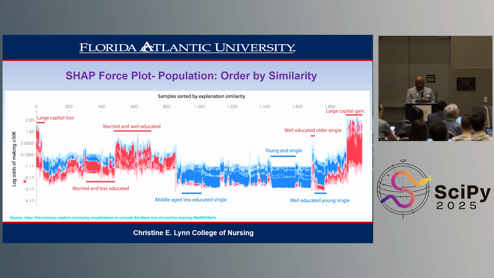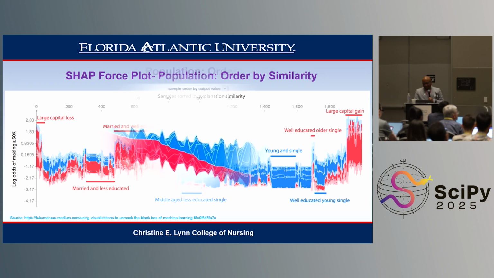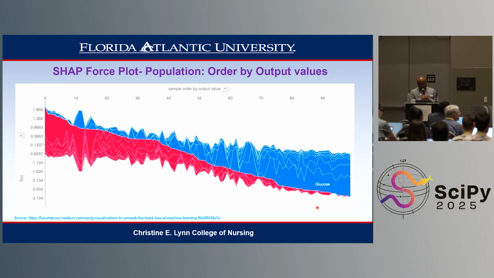In the force plot, population instances can be ordered based on similarity. There's a drop-down menu, and we can change the ordering: married, less educated; married, well educated; large capital loss; middle-aged, educated; single. This way we change the different sub-features and see how the plot looks.